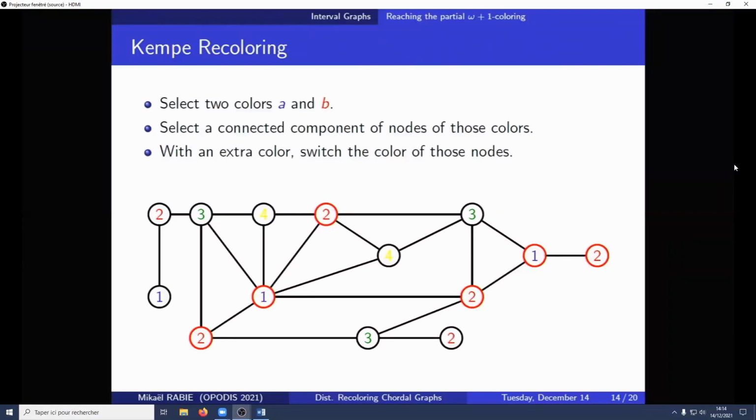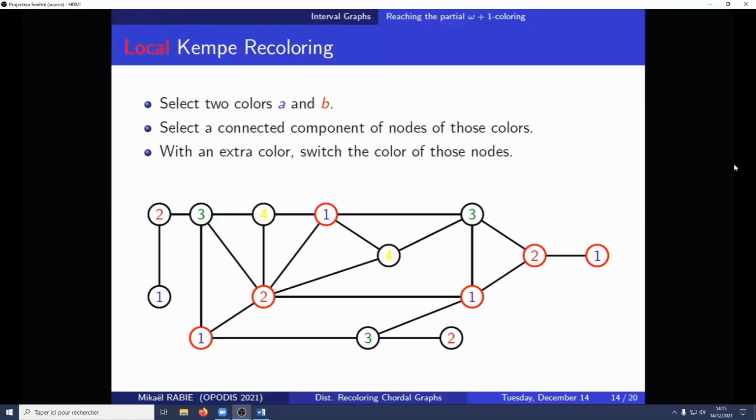And this is a tool that is quite often used in the centralized setting. And here still we have a problem because we don't have any control on the size of those components. It might be as large as the graph, and that will mean some global coordination, and we don't want that. So we will actually use one more color to be able to do those Kempe recolorings, but locally.